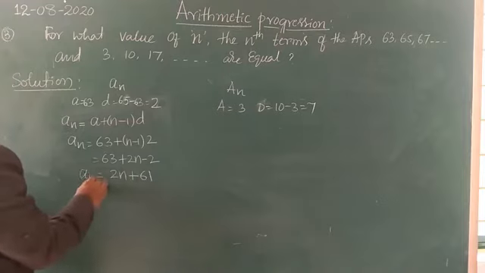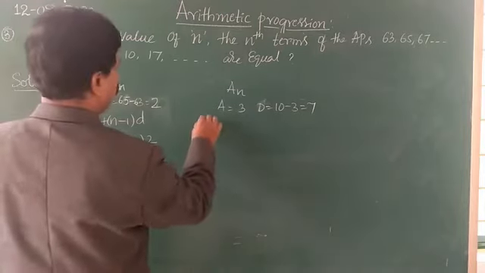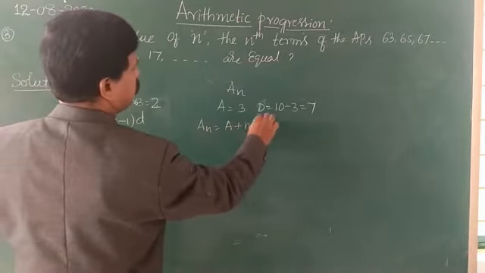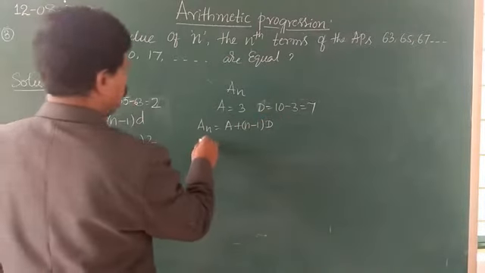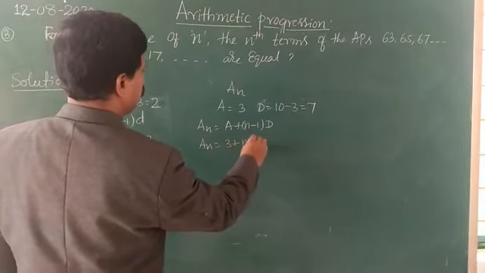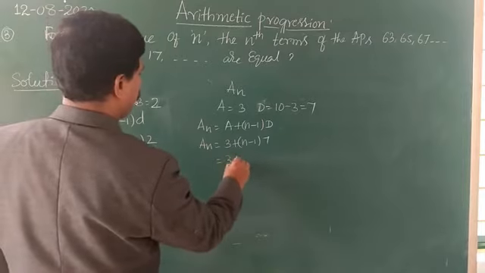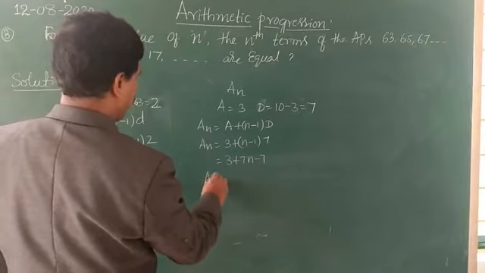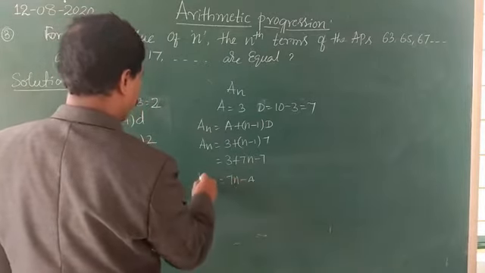This is the nth term of the first AP. Then an is equal to a plus n minus 1 into d. Now an is equal to 3 plus n minus 1 into 7. That is 3 plus 7n minus 7, or an is equal to 7n minus 4.